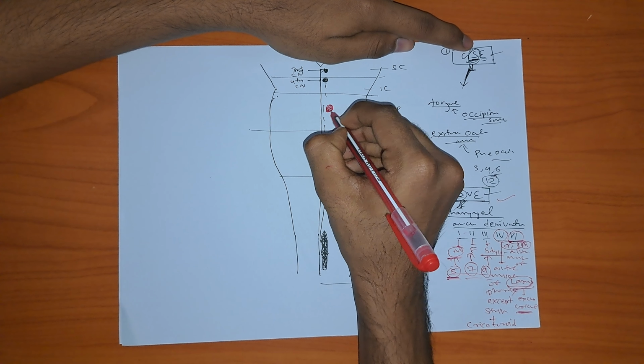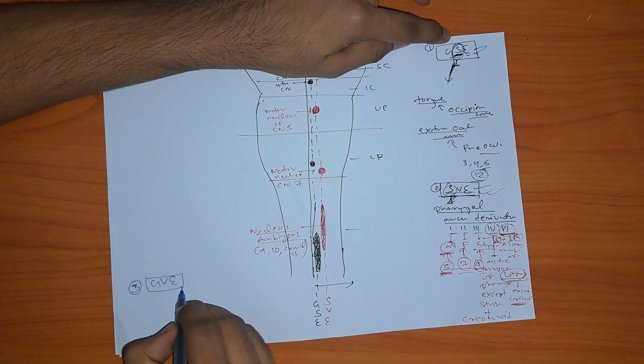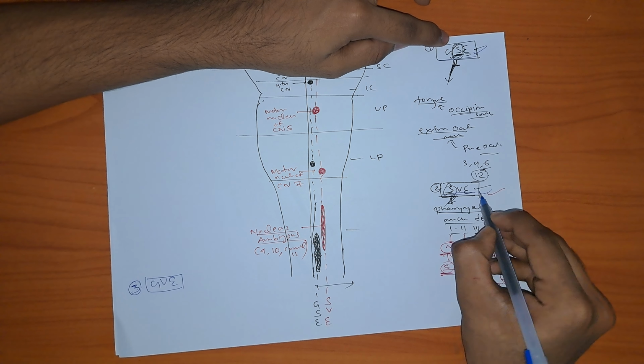Now we are using another color to signify another functional column. After general somatic efferent and special visceral efferent, now I am talking about general visceral efferent. So what is general visceral efferent?